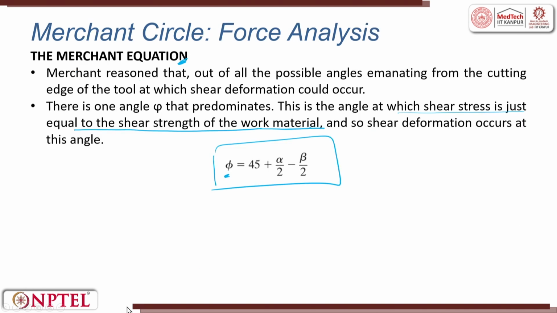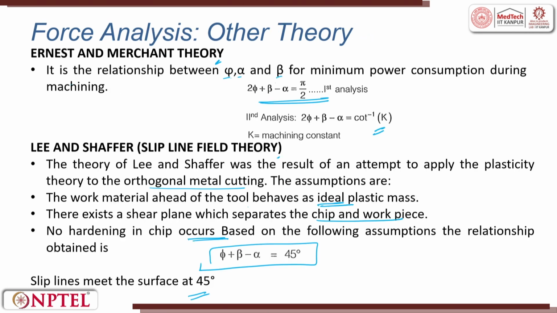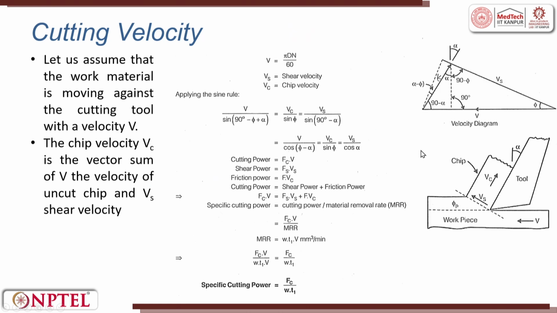By and large, the important thing to remember is that there is a relationship between shear plane, rake angle and friction angle, which was expressed by Merchant and further fine-tuned by Ernst. Then Lee-Schaffer, by changing the material behavior to ideal plastic mass, came up with this relationship. All these give a relationship between shear plane, friction angle and rake angle. That is important for you.